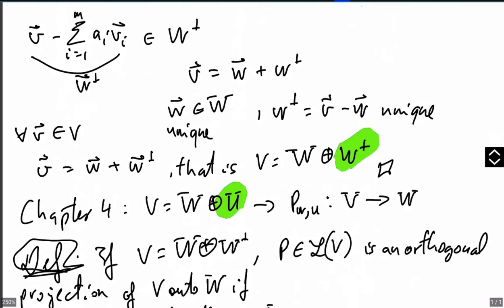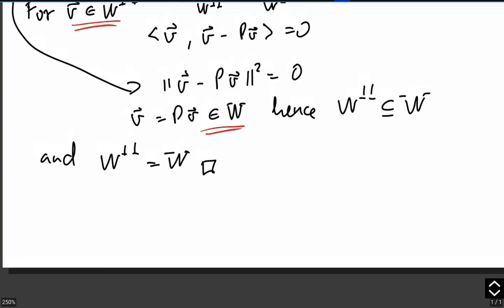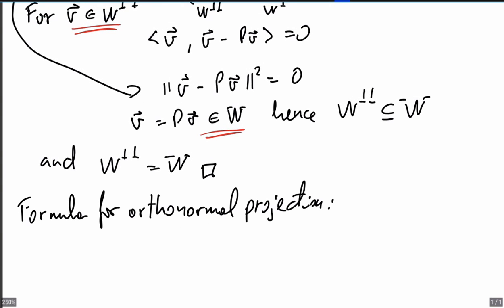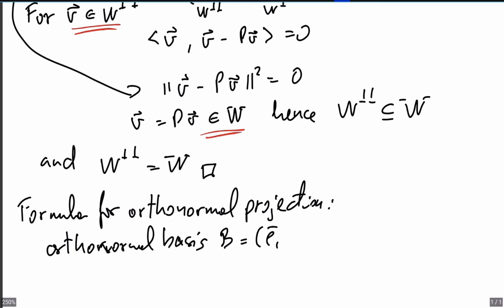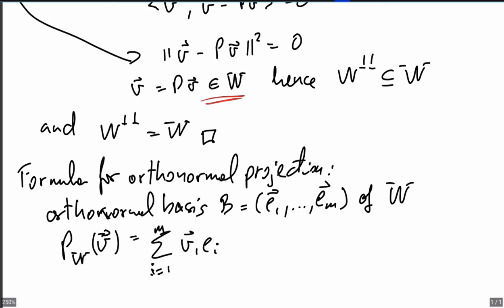So then in fact we have the formula for the orthonormal projection, which says that if we have an orthonormal basis B with basis vectors e1, ..., em of W, then the orthogonal projection onto W of a vector v equals the sum, as i goes from 1 to m, of the inner product of v with e_i times e_i.